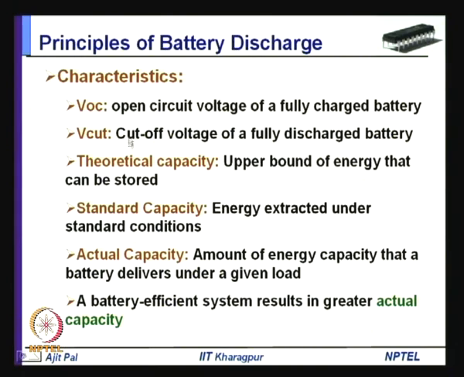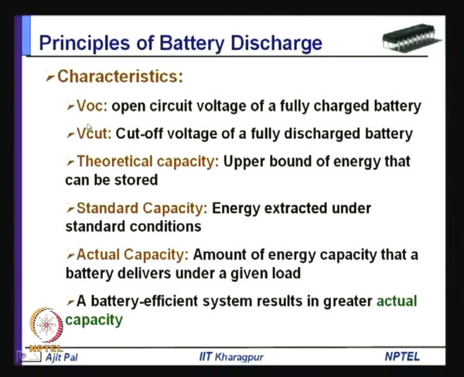Now, let us have a look at some of the electrical characteristics of the battery, because ultimately you will be using a battery and you have to look at the electrical characteristics, and these are some of the important ones. One is the open circuit voltage of a fully charged battery. That means, after you charge a battery and if you do not apply any load, it will give some voltage.